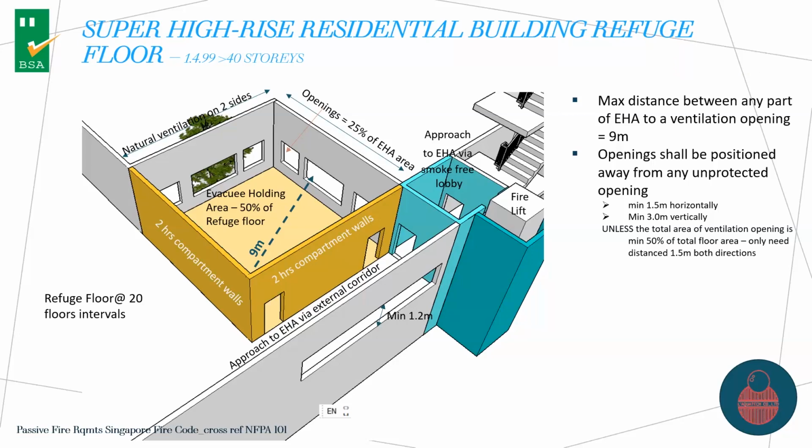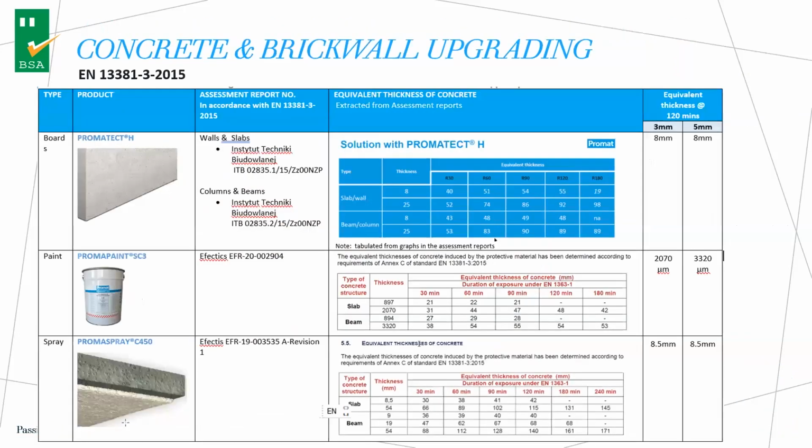Your last section, yes, very quickly I bring you back to Bangkok. I share with you a Bangkok situation. You see, the fire code also tells you how much concrete cover you must have in your concrete structure in order to fulfill the fire resistance.